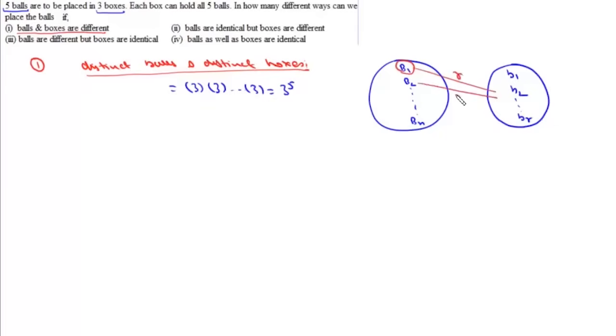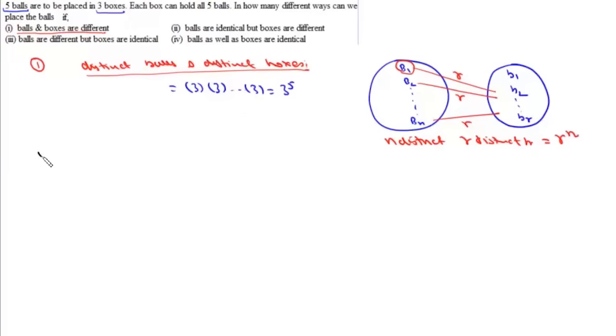For the second ball also, we have r choices. For the nth ball also, we have r choices. So the total number of ways of putting n distinct balls in r distinct boxes will be simply r into r into r, n times, which is r to the power n.